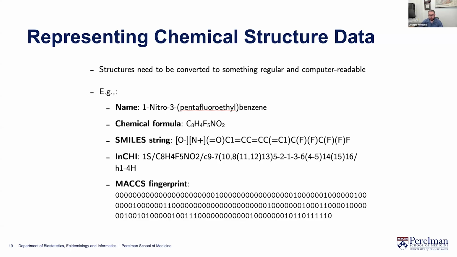If yes, then that first bit in this fingerprint string is going to be a 1, and if no, it's going to be a 0. And you ask that same set of questions. In this case, it's about 166 of them, I think, for this MACCS fingerprint schema. And it gives you this string of 0s and 1s that you can feed into an AI algorithm. You can do that for every chemical that's in an analysis, and that's useful for training machine learning models.